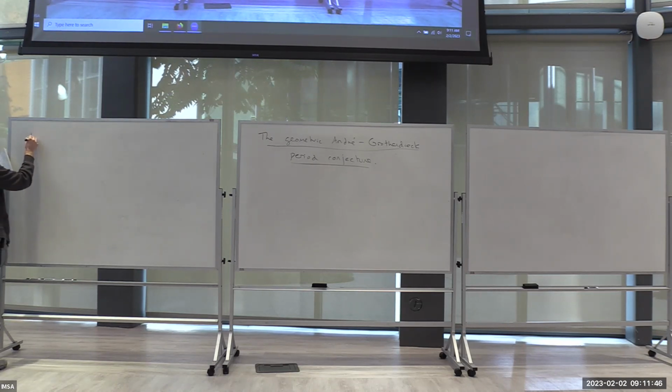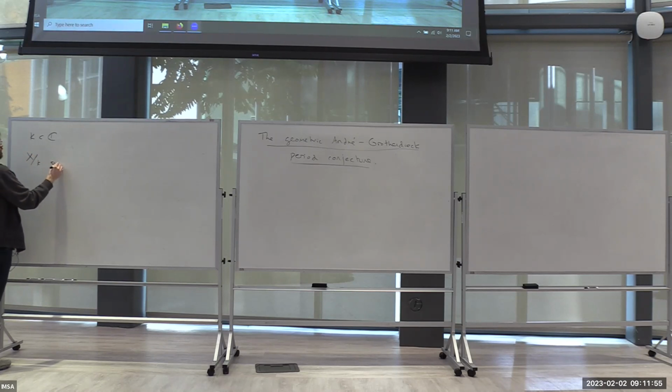Let's take K, a subfield of the complex numbers, and X over K, a smooth algebraic variety. Not so important that it's smooth, it just makes things a little simpler.